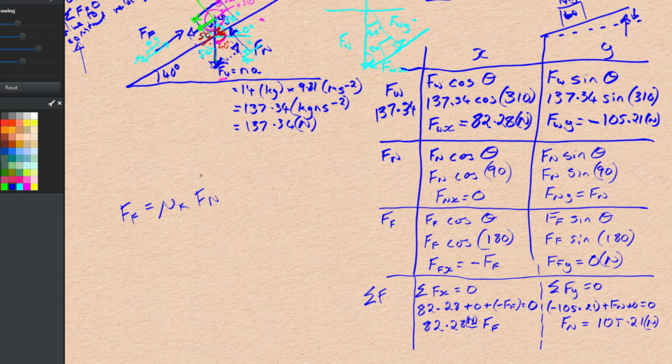In the case you've made a mistake, and possibly this one could have been negative, and one of these is negative and one of these is positive, write a statement saying I'm ignoring the sign in this equation because I know the coefficient of friction must be positive.